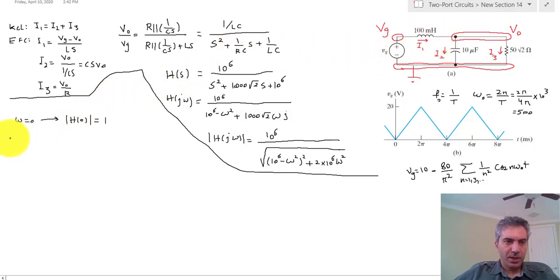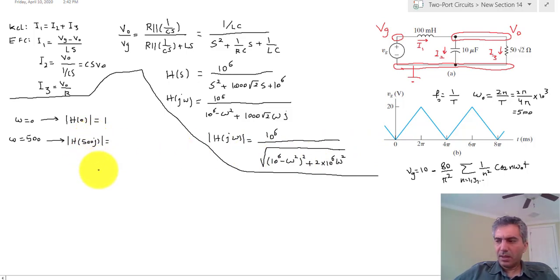So now for omega equal to 500, which is the first harmonic, we have to do the same thing. Calculate the magnitude of H of 500 j. In other words, put 500 in this equation and calculate the magnitude.